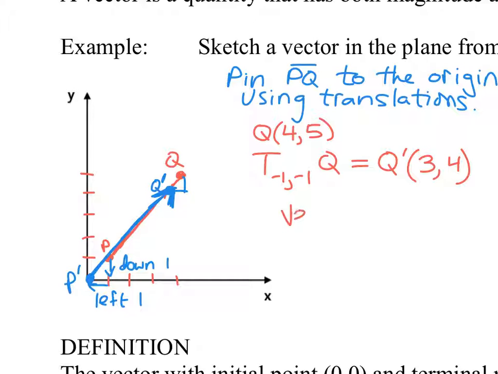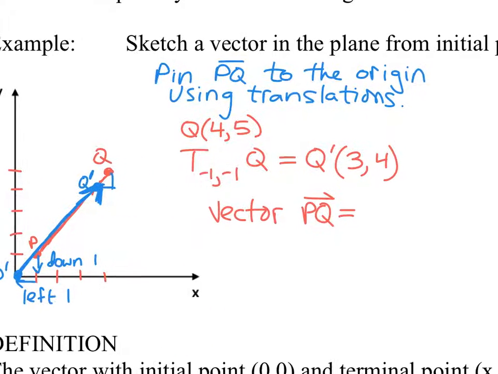So vector PQ, which we denote with a little arrow over it, kind of half an arrow, is represented just by the endpoint of that vector, which would be 3, 4.